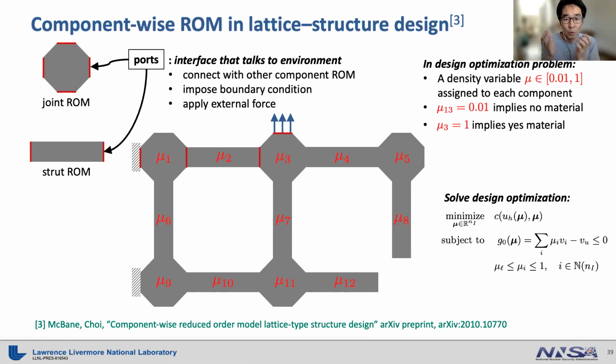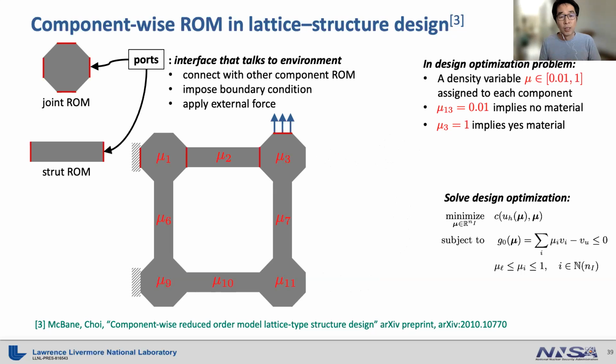So you can introduce those bounds, and then put that into the optimization solver. At the end, it's going to give us the optimal density variable distributions, and it will give you this kind of optimal lattice structure.